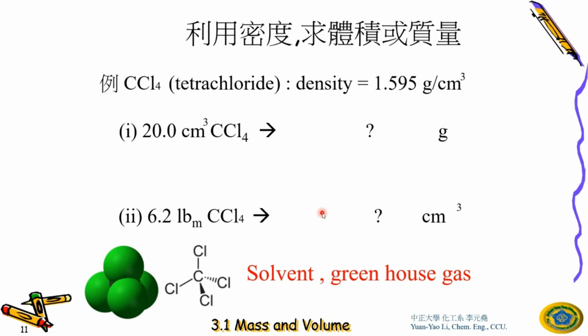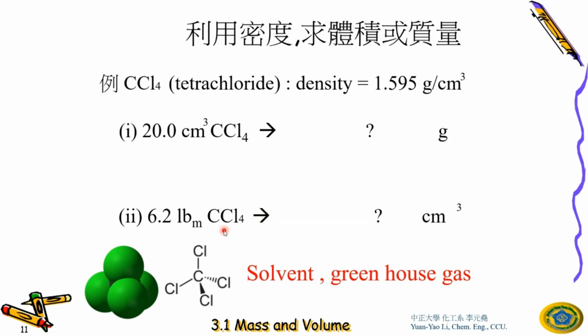Right. So this is a very easy example. Carbon tetrachloride is a kind of solvent, greenhouse gas, and chemical. This is a very common chemical we use. If you have a volume of tetrachloride and I give you the density, and I ask you what's the weight of this tetrachloride, I'm sorry, this is insulting you.